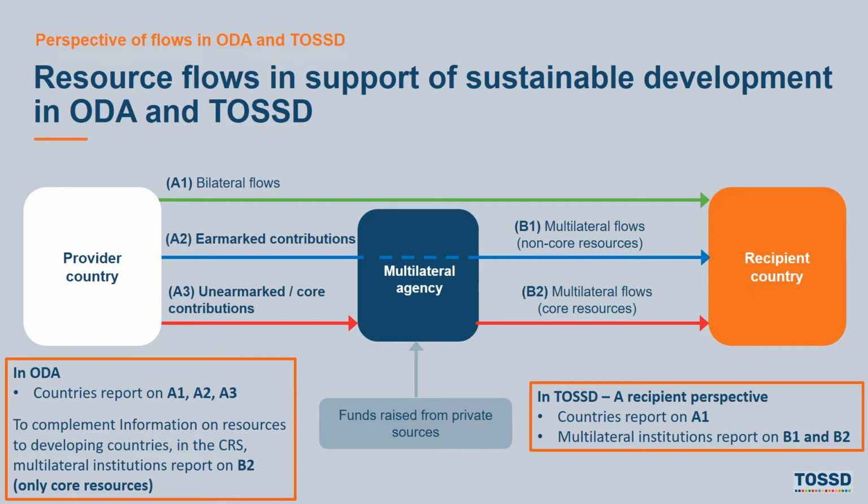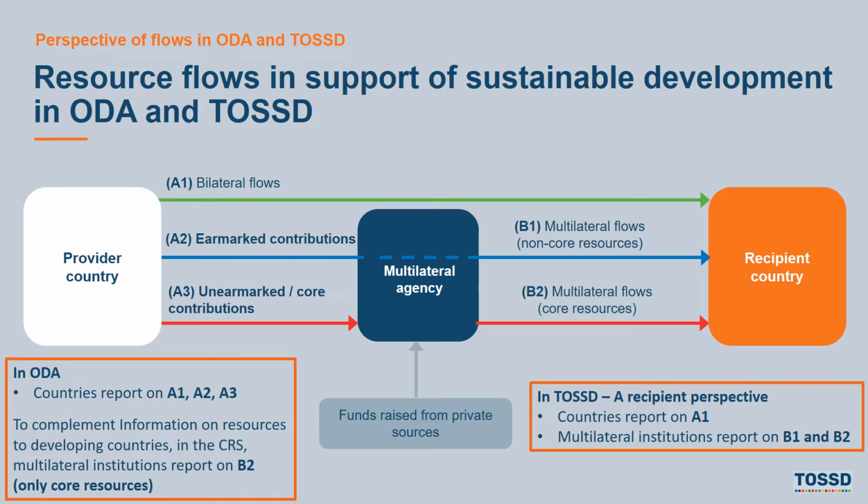This is shown in the A2 blue arrow. Earmarked means that the multilateral institution implements the project, but the provider country keeps a significant degree of control over the funds. Then we have non-earmarked core contributions to multilateral agencies. This is shown in the A3 red arrow.